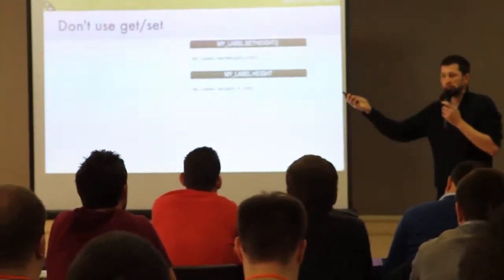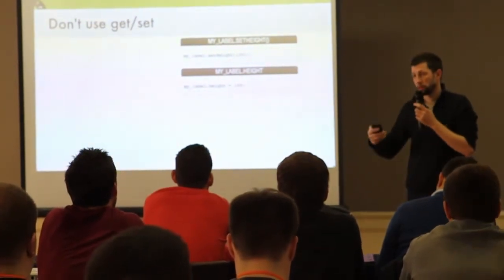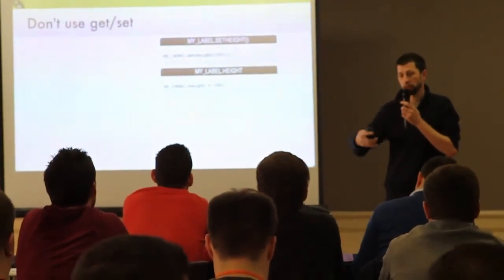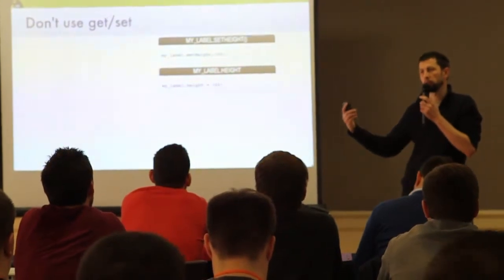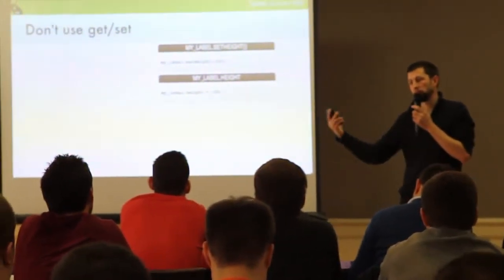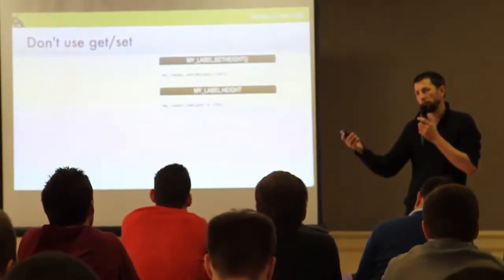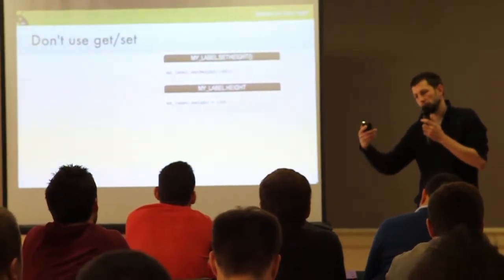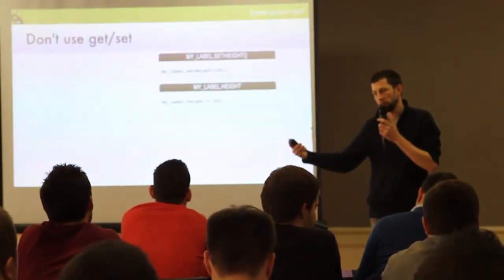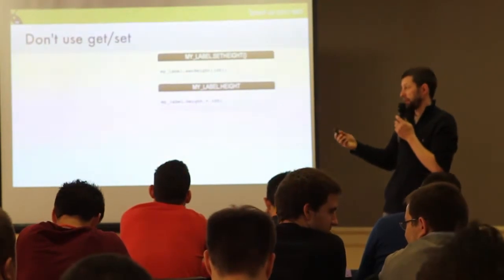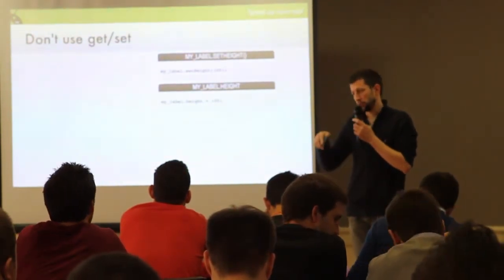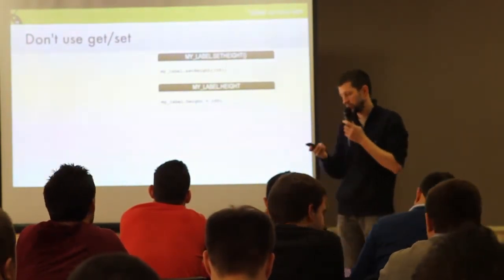Of course, there are cases when you cannot avoid it. For example, if you want to set data on the table with an animation, so that when you insert a row it comes from the left, then you have to use setData, where you put the data and the type of animation. But otherwise, if you just have to set a property, use direct access.